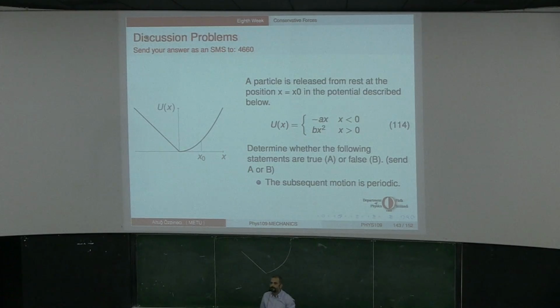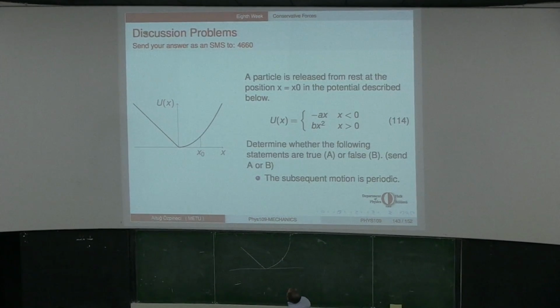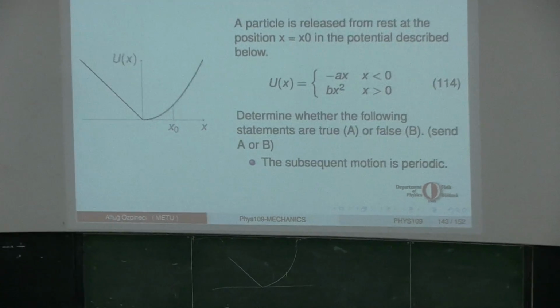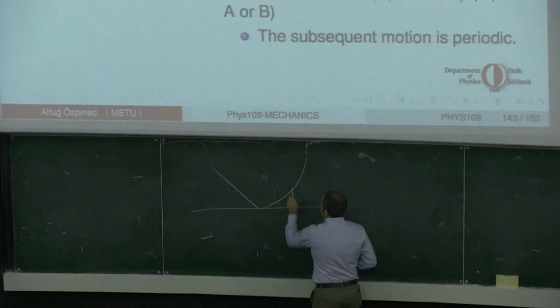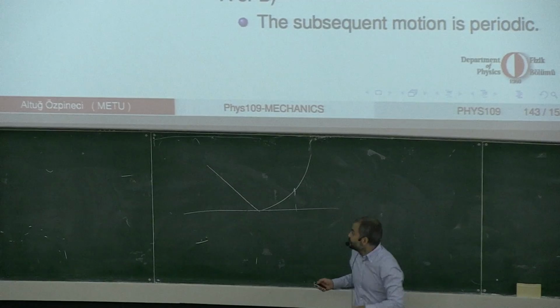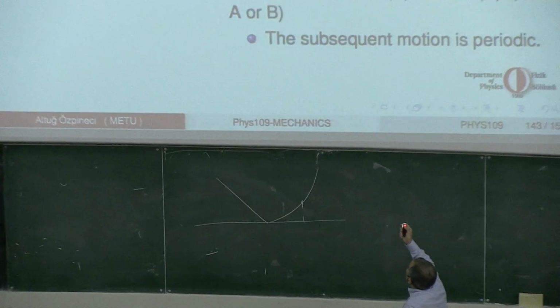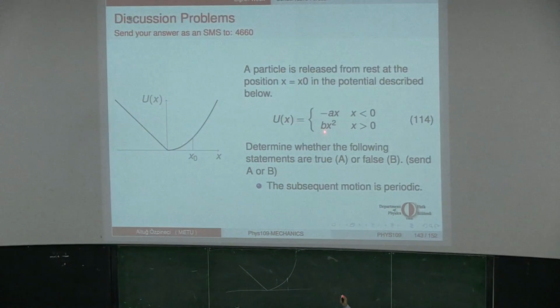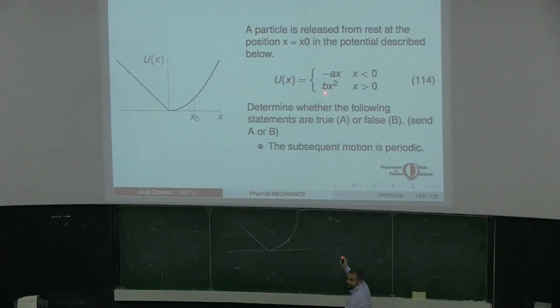Sure. Okay. Now I release it here. So at this moment, this is the potential energy. So the force is minus kx, k being twice b times p.